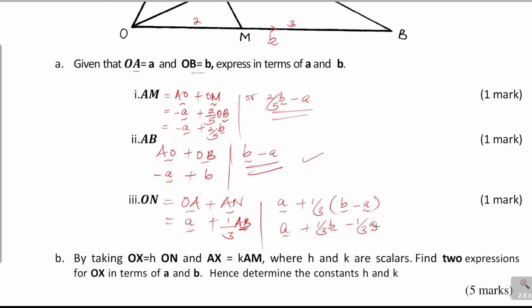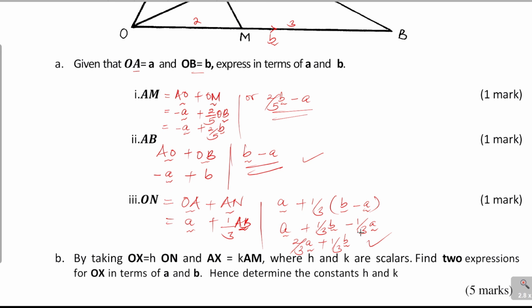A minus a third A will be 2/3 A, then plus a third B. So that is the solution. We go to part B.